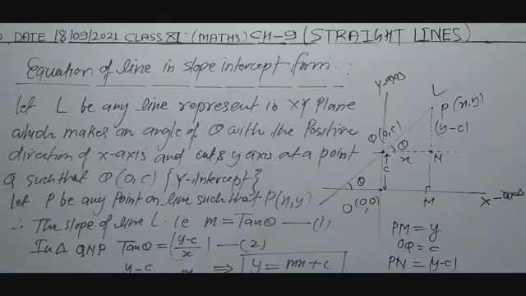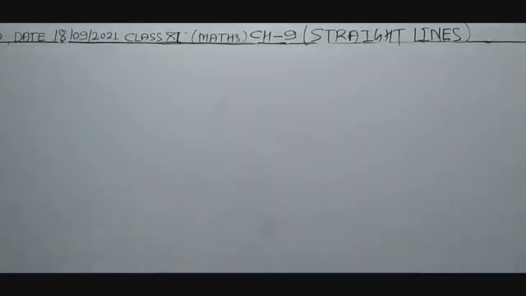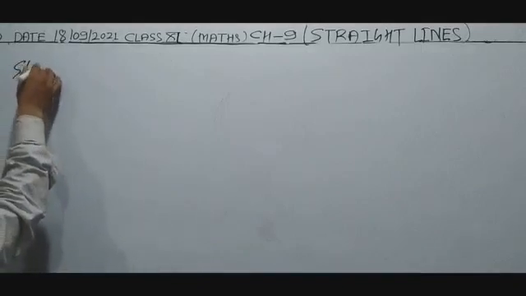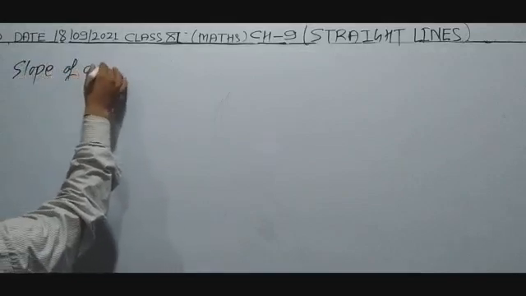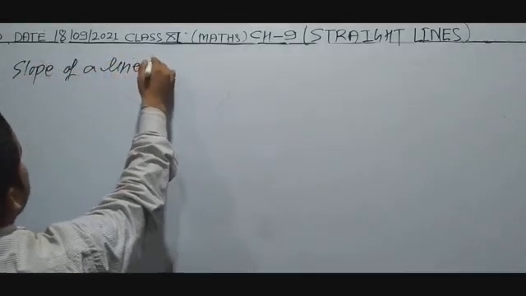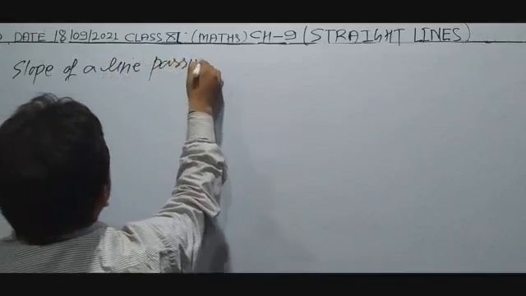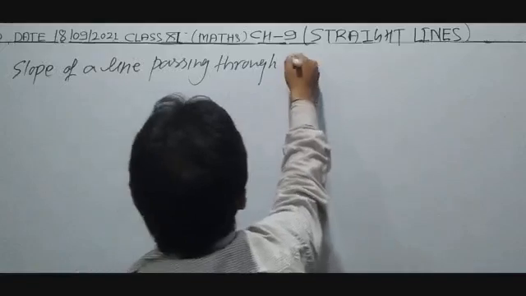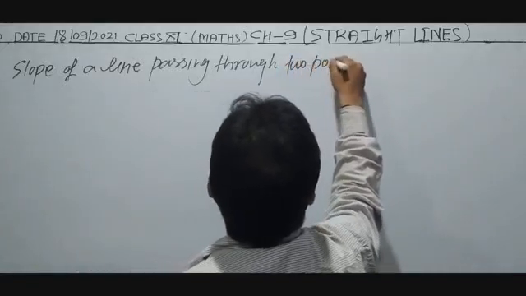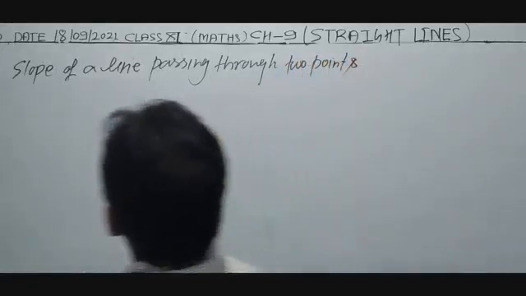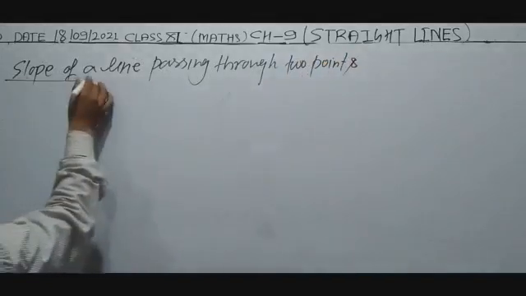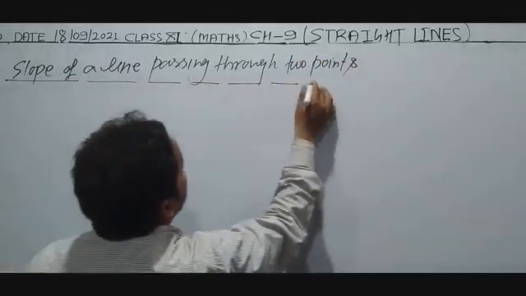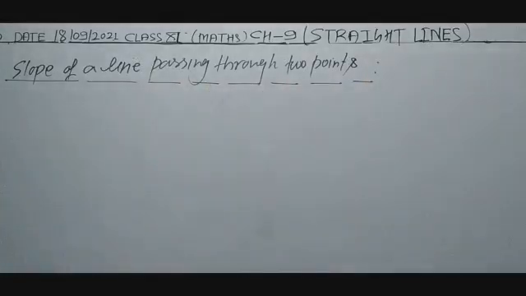Now see, the heading is slope of a line passing through 2 points.